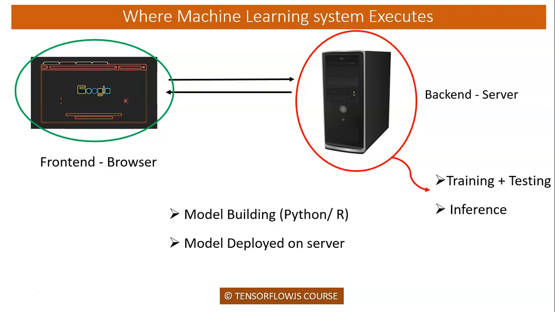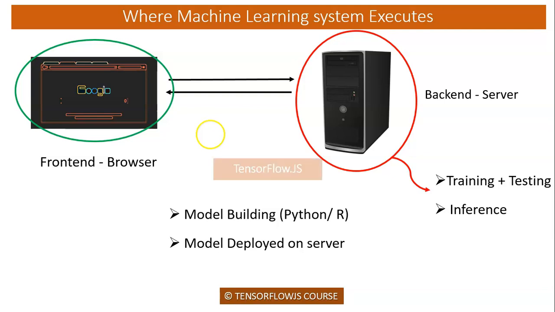Now suppose we want to shift all that computation power from the server side to the client side. We need a framework which can execute all that code inside the browser. And we know that the browser can understand one language, JavaScript. So we need a library for neural network model building or machine learning algorithm development in JavaScript.